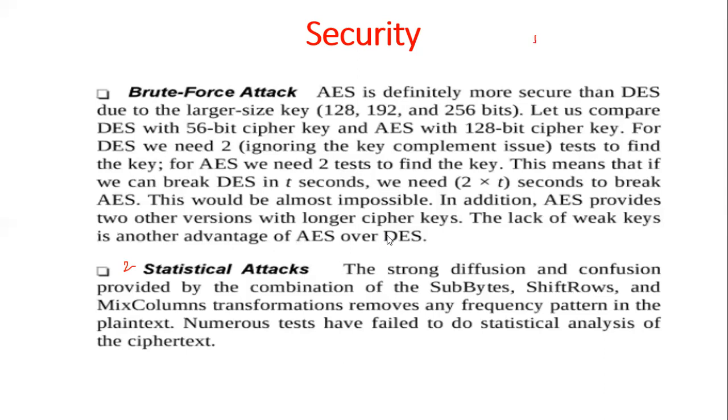So it creates lots of diffusion and confusion, and it also removes any frequency pattern in the text. Numerous tests have failed to do statistical analysis on the cipher text. So AES is secure, and it is not possible to perform brute force or statistical attacks. So this is all about AES.